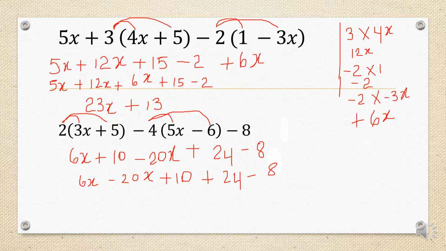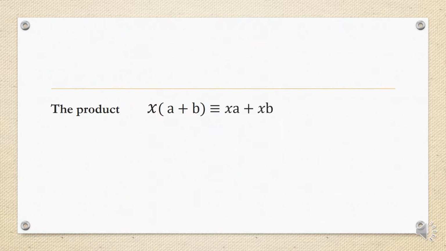That gives me 6x minus 20x, which is a total of minus 14x. And my numbers, 10 plus 24 minus 8, will give me a total of 26, and this will be my answer. Okay, let's continue.